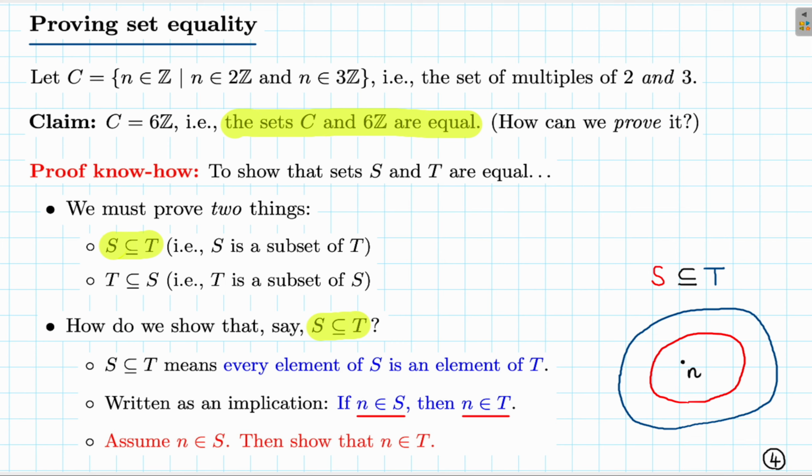Now let's apply this proof know-how to prove that sets C and 6Z are equal. Now remember, that would entail showing that C is a subset of 6Z and also 6Z is a subset of C. So we would have to write two separate proofs.